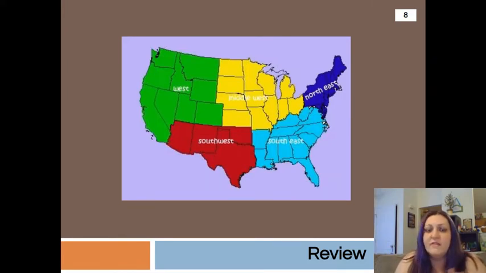We have north, south, east, and west. And we even have some intermediate directions such as northeast, southeast, southwest. So based on where they are located direction-wise in the United States, we can categorize by direction. So we have west, southwest, midwest where we are, southeast, and northeast. So we have direction.